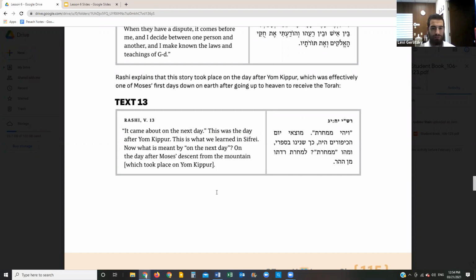Rather, we learn from here that there must have already been a robust, thorough system of laws that God gave orally to Moses, and therefore Moses was the judge. Moses says, I heard it all from God, and I have to be the one deciding now between everybody's disputes as to what does God want me to do? What are God's laws saying in this case?